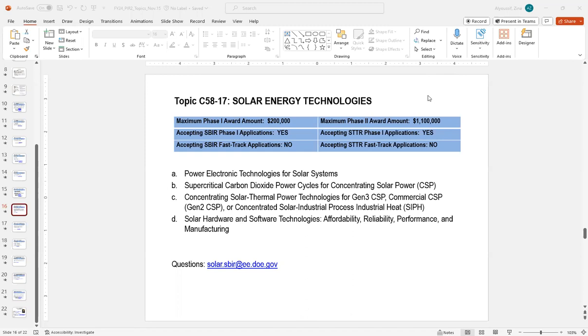That's in general the description for subtopic C, and then going to subtopic D. Subtopic D is a more open solar subtopic. It looks very generally into new hardware and software technologies that improve affordability, reliability, performance, and manufacturing of solar systems. So again, this is a pretty open subtopic.